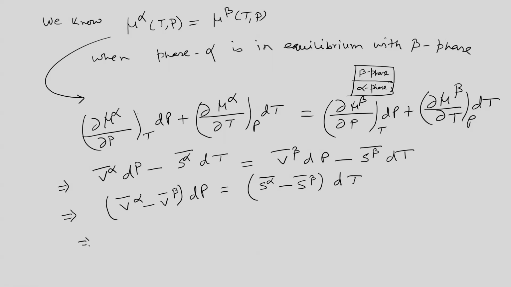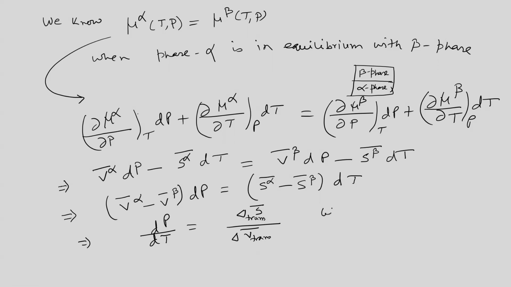So, we can further simplify this as dP by dT is delta S bar transition by delta V bar transition, right.